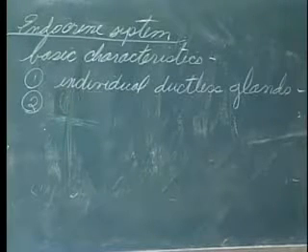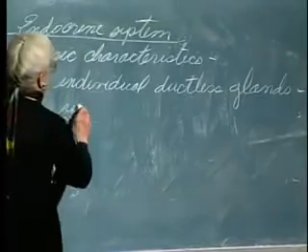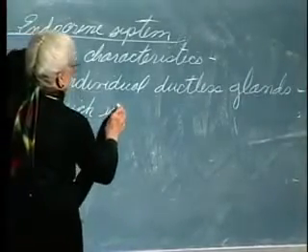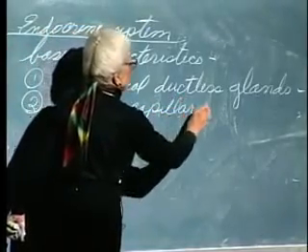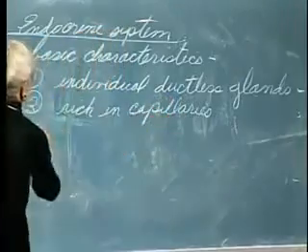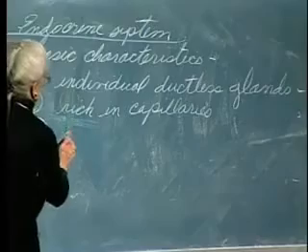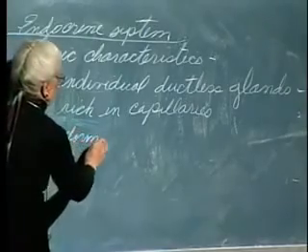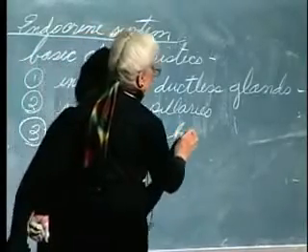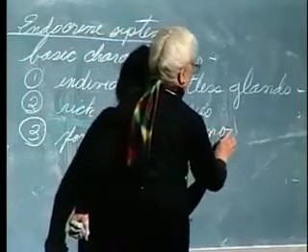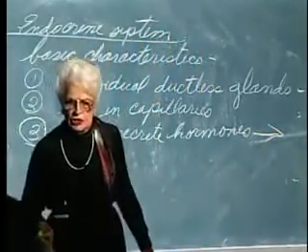And these glands are rich in capillaries. We need the blood supply because the endocrine glands form and secrete hormones. And these hormones have specific target organs.